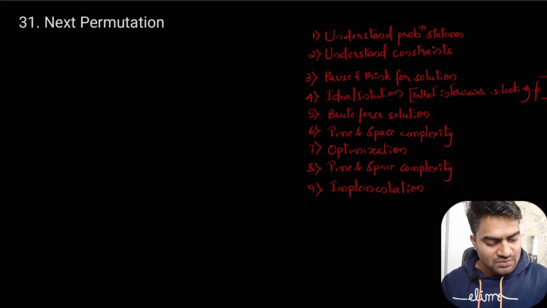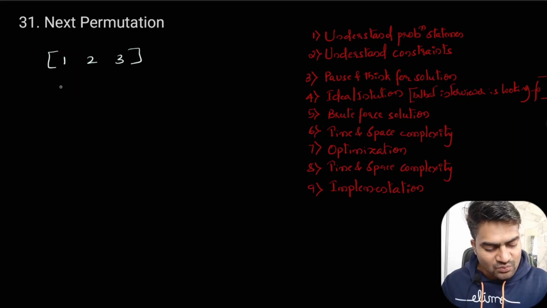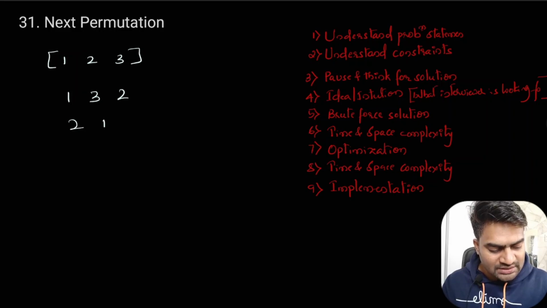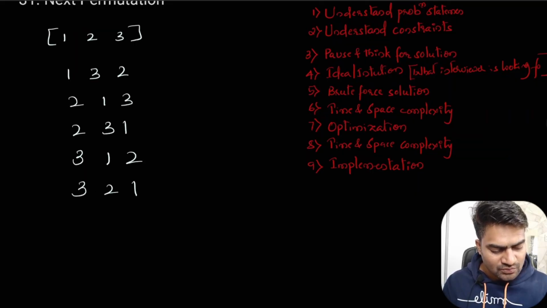So now let us consider this particular array 1, 2, 3. We will rearrange all the elements in all the possible ways. So we get 1, 3, 2, then 2, 1, 3, then 2, 3, 1, then 3, 1, 2 and 3, 2, 1.